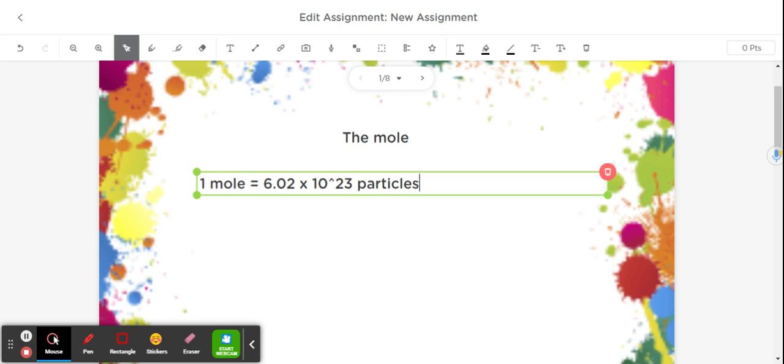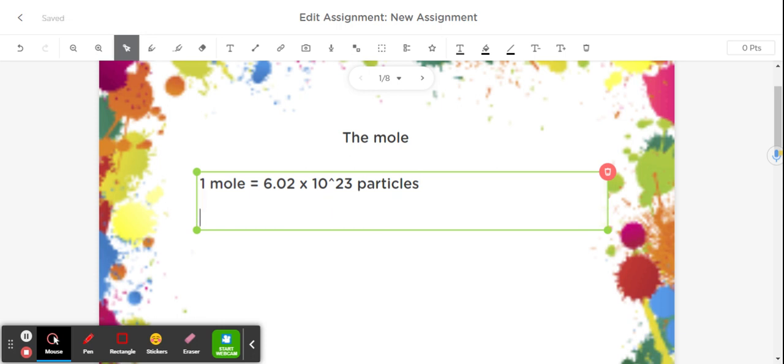If I had a mole of basketballs and put them all together, it would make a planet bigger than the Earth. But when we talk about atoms and molecules, we can hold a mole of particles in our hand. The minute I say mole, I want you to think 6.02 times 10 to the 23rd, just like when I say dozen, 12. Mole, 6.02 times 10 to the 23rd. So we know that a mole is 6.02 times 10 to the 23rd particles.